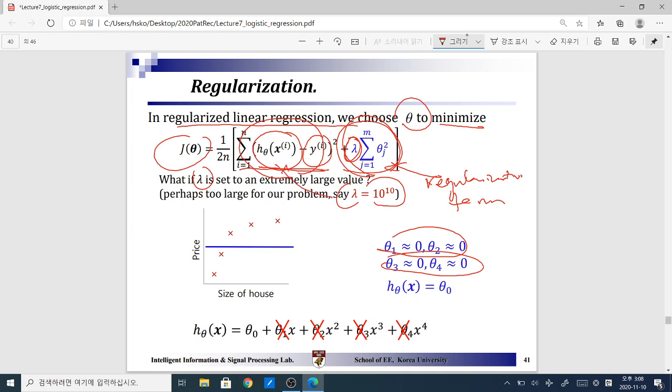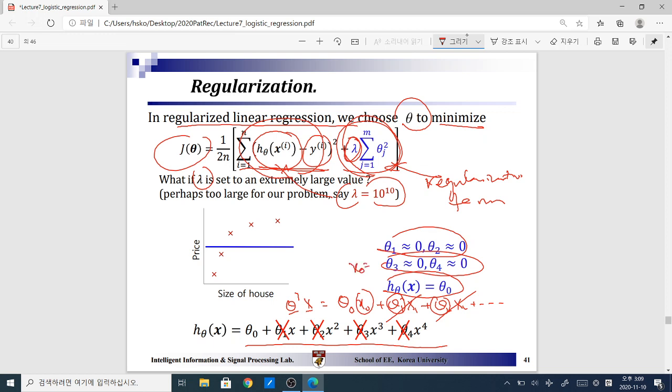So as far as this hypothesis is concerned, where the hypothesis function happens to be just theta transpose x, or theta 0 x0 plus theta 1 x1, theta 2 x2, and so forth, then all of these are going to be essentially canceled because these thetas should be very, very small.